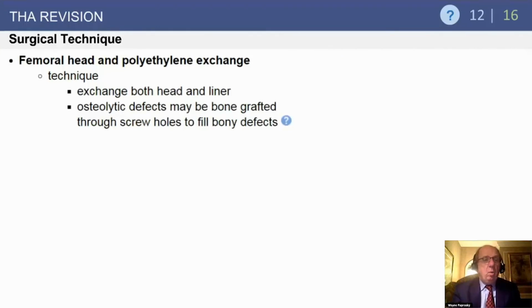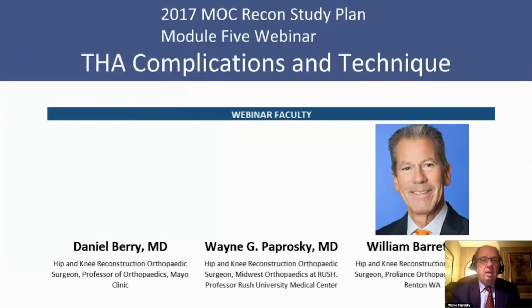And when we're doing femoral head and polyethylene liner exchanges, you must exchange both the head and liner. You can't just leave the head. Osteolytic defects may be bone grafted through screw holes, but don't go up into the ilium and start making holes bigger. You may compromise the fixation of the cup and create a fracture. Also, there is some evidence to show that even if you leave these osteolytic lesions without bone graft, they tend to fill in later.